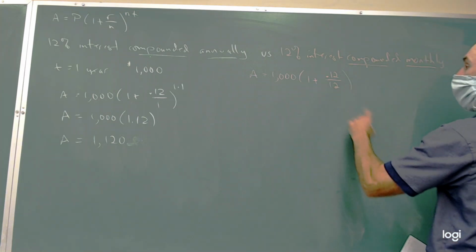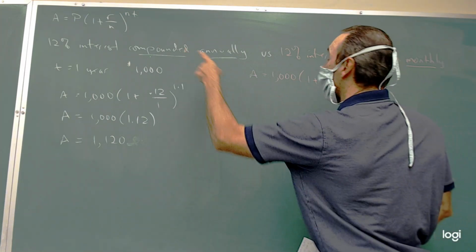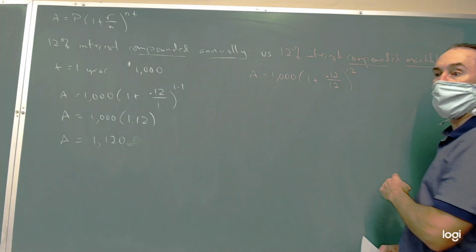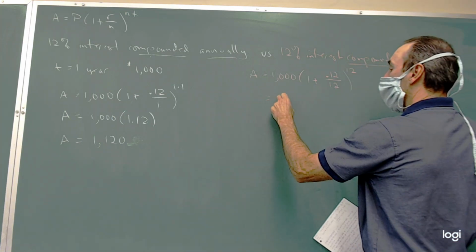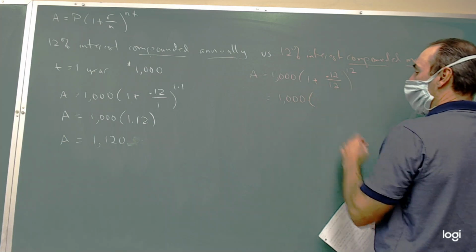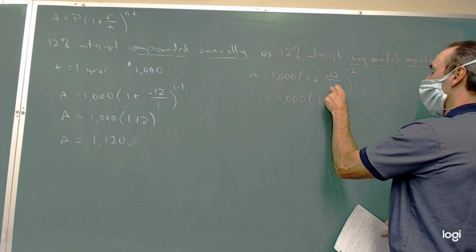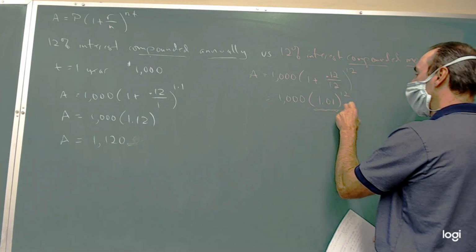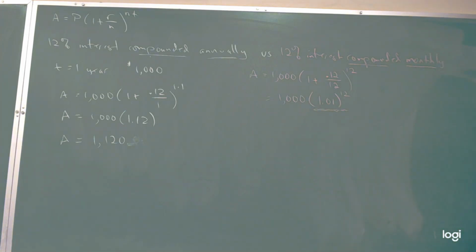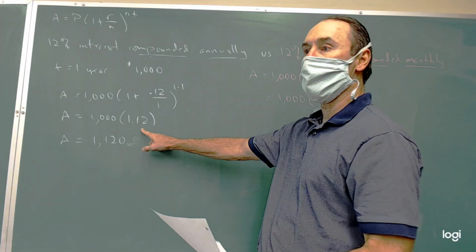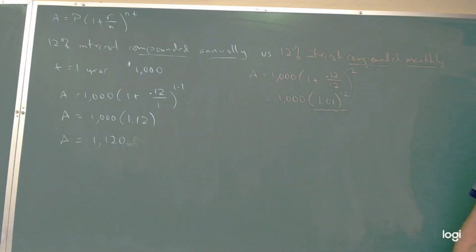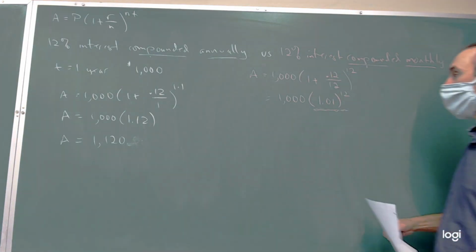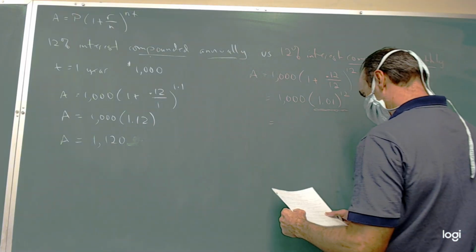So that is going to be raised to the 12 times 1, so that's to the 12th power. So we end up putting into our calculator 1,000 times 1.01 to the 12th. It's this number that's going to end up turning out to be bigger than that 1.12 we got there. And that's the power of the compounding. And so what did you get for that?